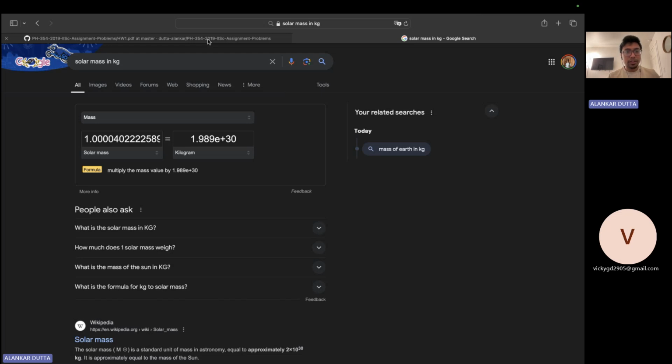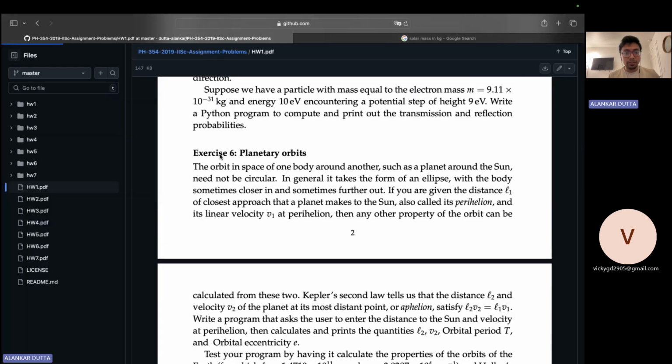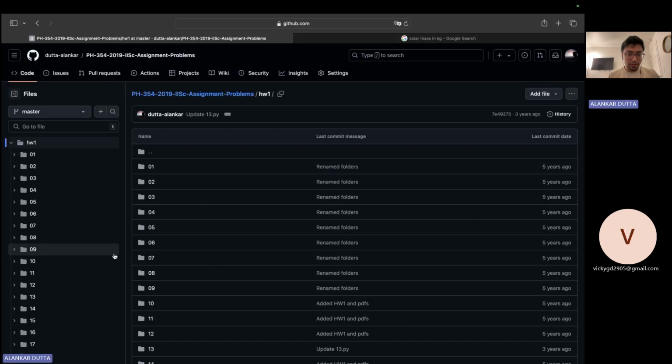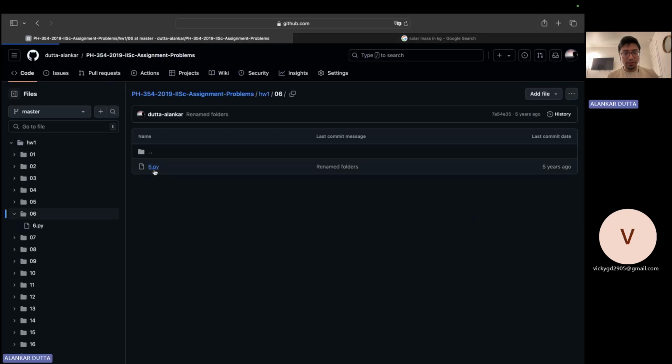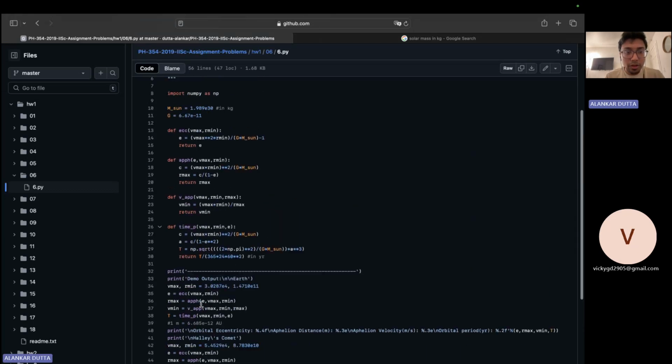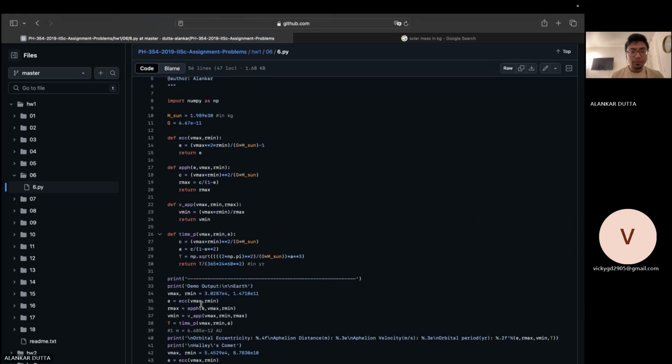So let me check the formulas for question 6 that we have done in here. So I have the correct formulas in here. Let me just check what I have made wrong in it. Oh, Vmax squared times L min, okay. So I think, yes, there's the problem, this expression.